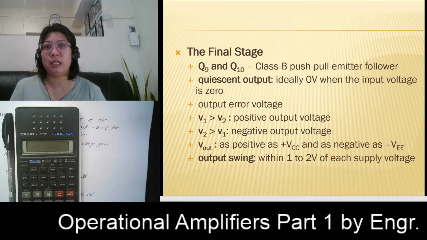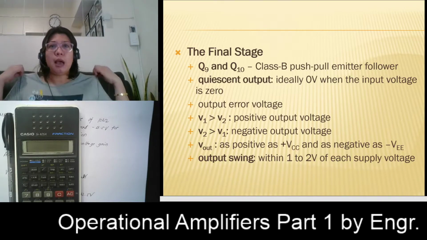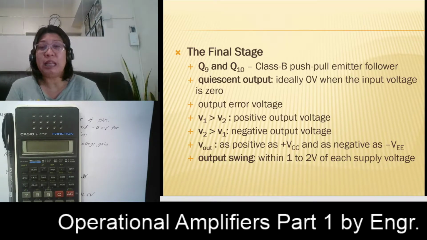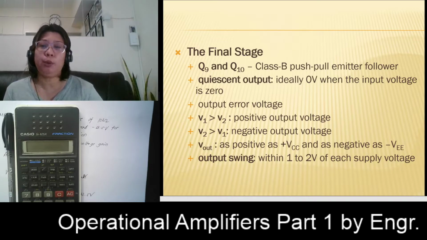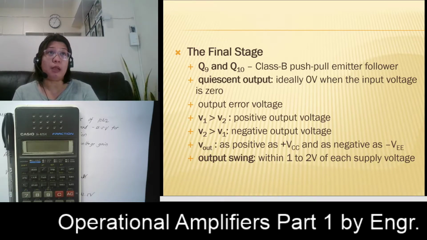The 100,000 is usually impossible, because we cannot apply 100,000 volts to our operational amplifier. Our output is being limited by our positive VCC and our negative VEE. If our supply, for example, is positive 18 volts and negative 18 volts, then ideally we are expecting an output equivalent to positive 18 and negative 18.